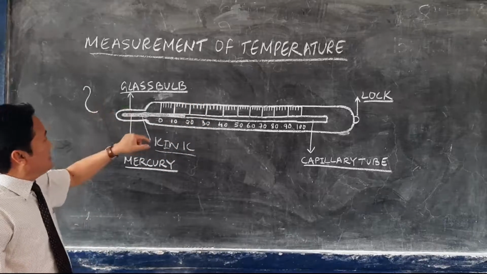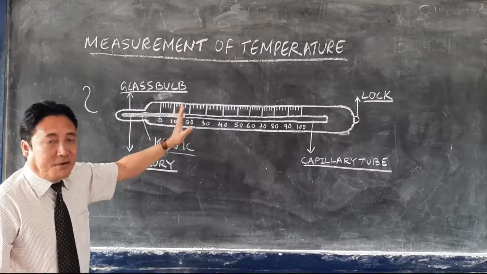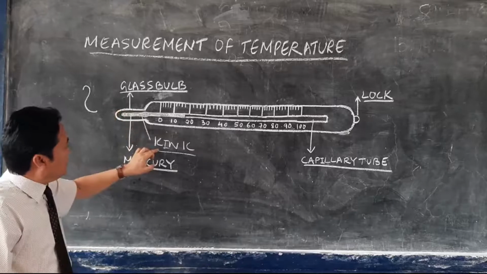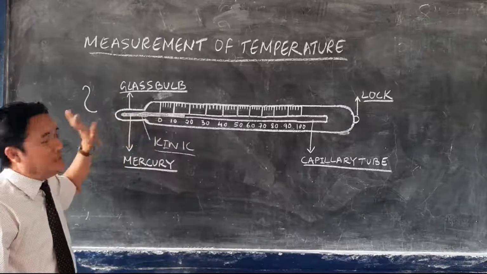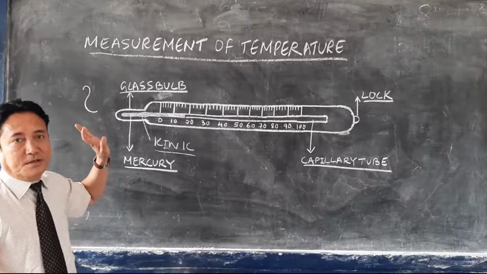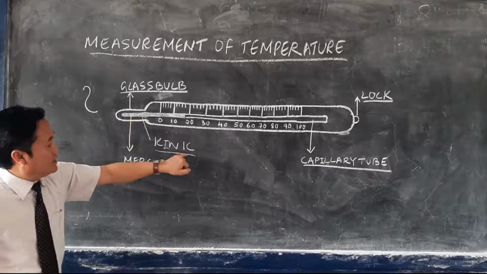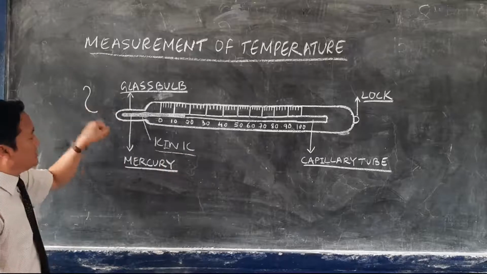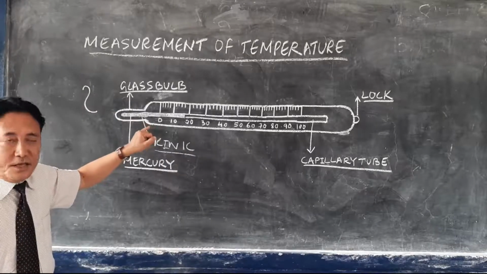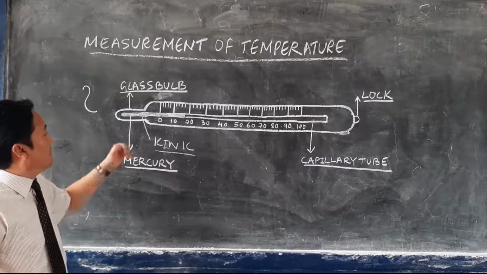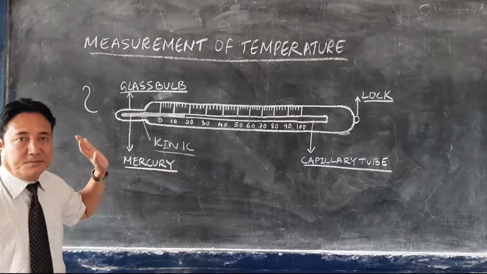The falling of mercury will be prevented by a constriction or kink present on this capillary tube, which prevents the backward flow of mercury into the glass bulb.